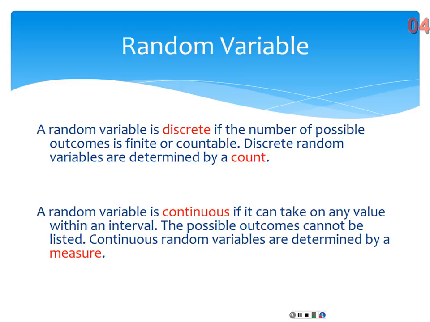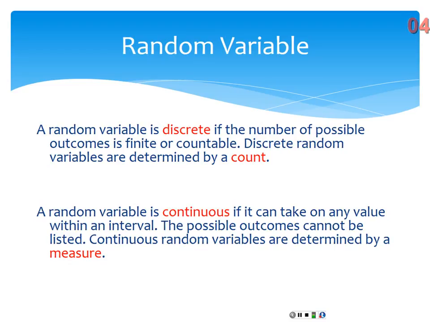Their definition of continuous is if it can take on any value in an interval, possible outcomes cannot be listed. Continuous random variables are determined by a measure. Measure implies a measuring device: ruler, scale, thermometer, odometer on your car. Okay?